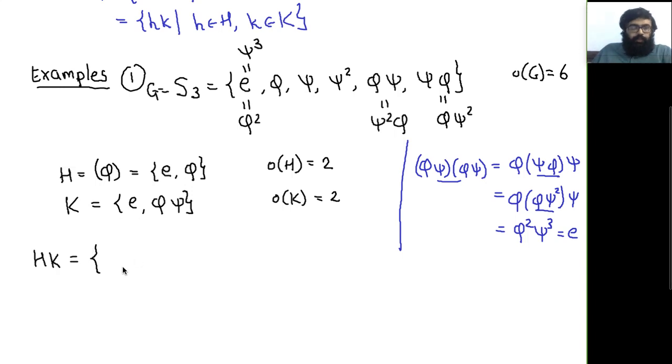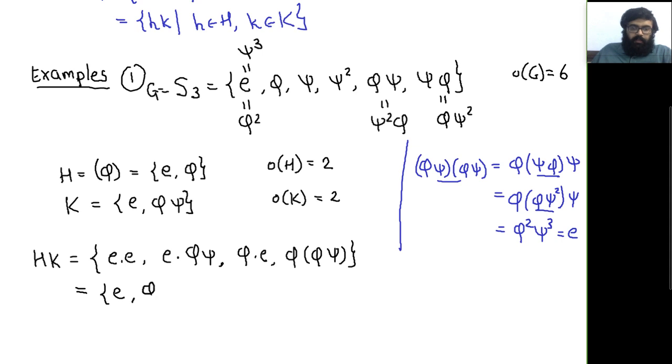So E into E, then E dot phi psi, then phi dot E, and then phi psi.